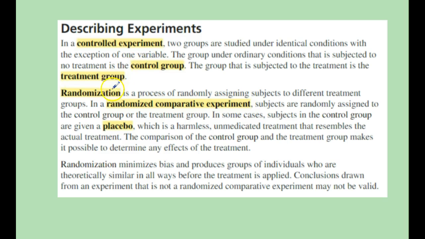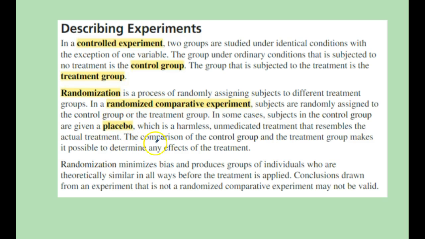Randomization is what we really look for in statistics. When I randomize, I can randomly assign subjects to different treatment groups, either the control group or the treatment group, and it's a random process. We'll look at some of these in examples. Sometimes I also have a placebo, where my control group is given a pretend treatment, an unmedicated treatment that resembles the actual treatment.